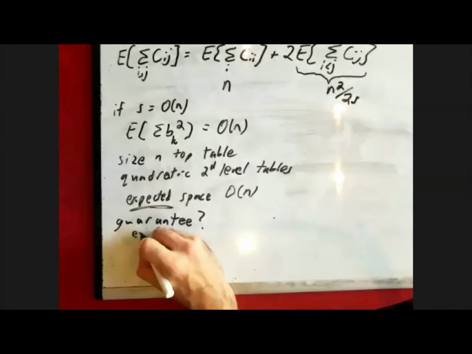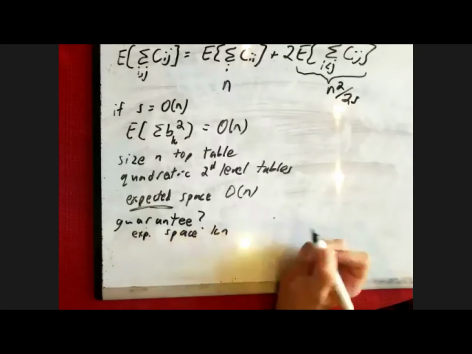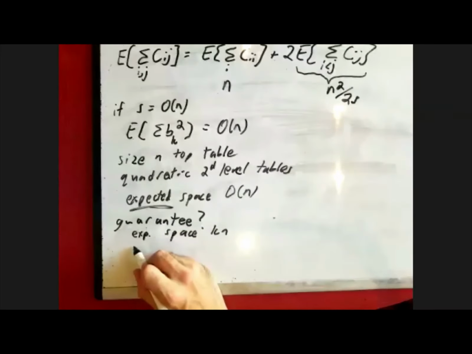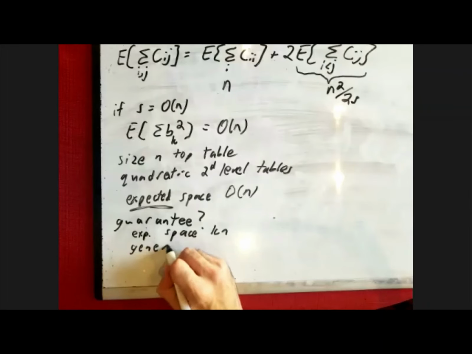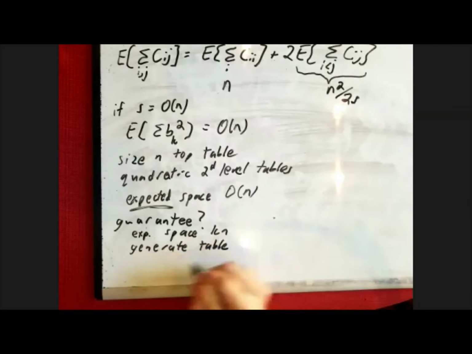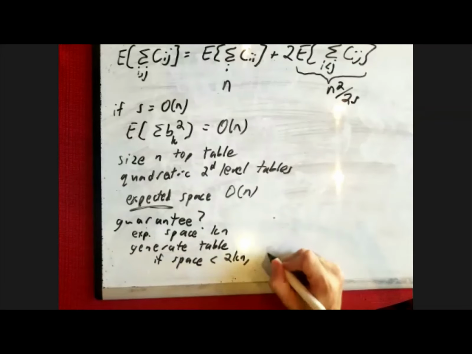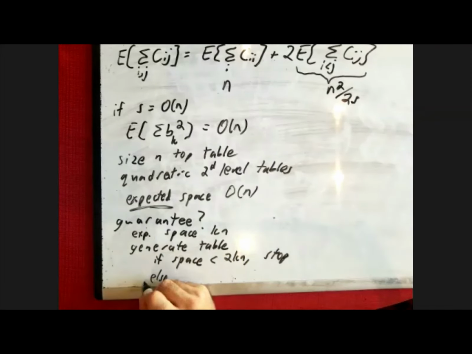If the expected space is Kn, what we can do is generate one of these two-level tables. And then if the space used is less than 2Kn, we'll just stop. Otherwise, we'll repeat.